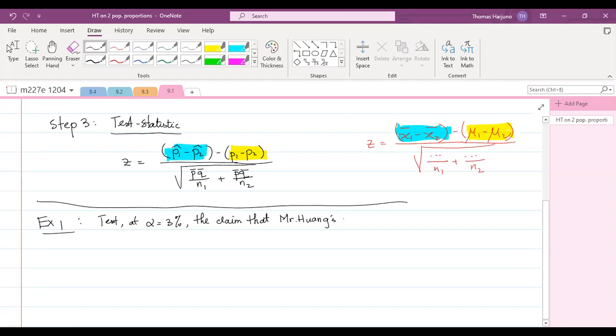The claim that Mr. Huang's passing rate is higher than Thomas' passing rate. Step 1, claim: Mr. Huang's passing rate is higher than Thomas'.